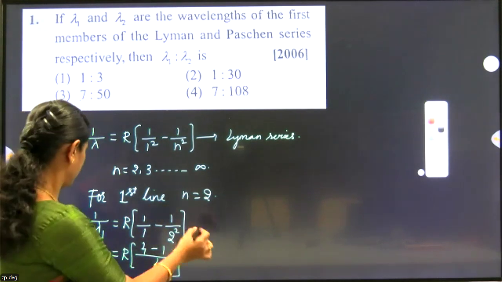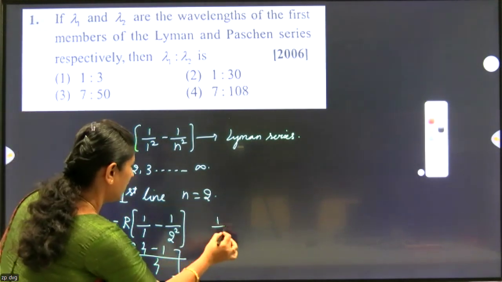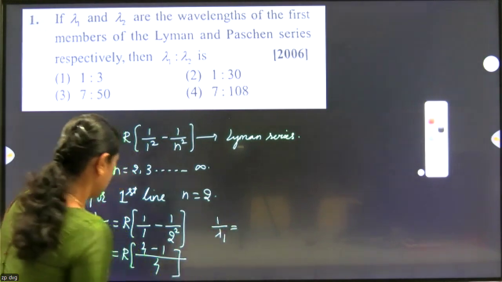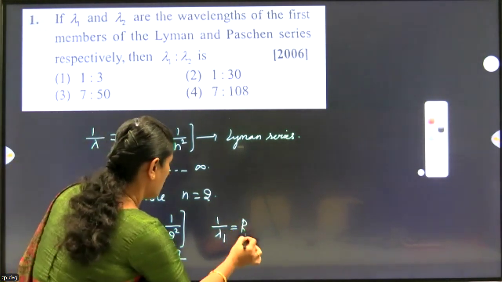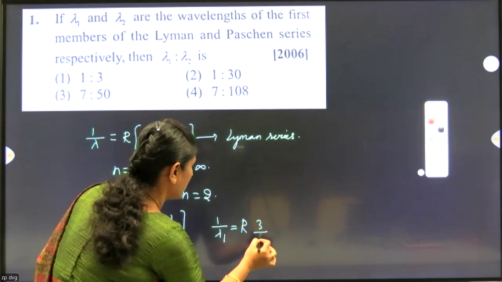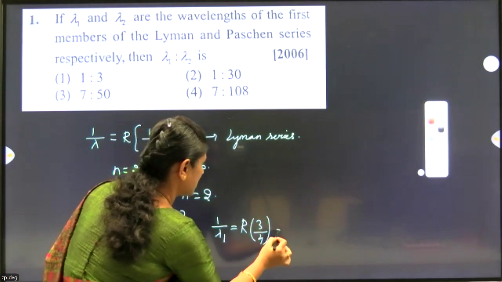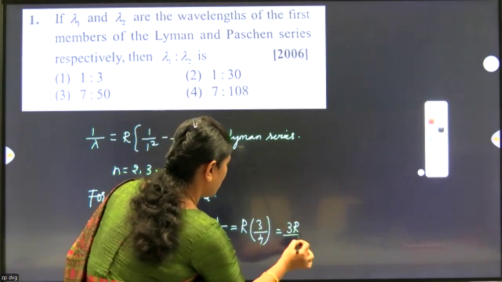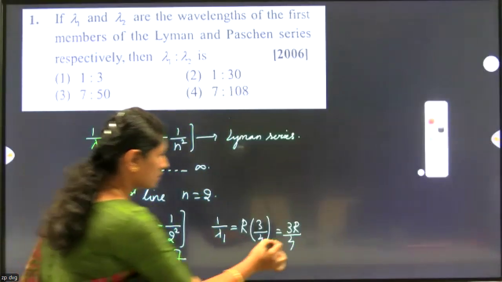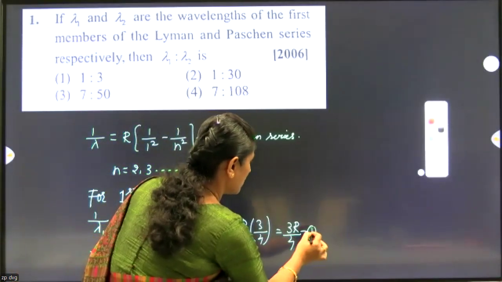Next we get 1 by lambda 1 equal to R into 3 by 4, that is equal to 3R by 4. This is equation 1.